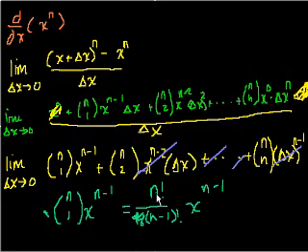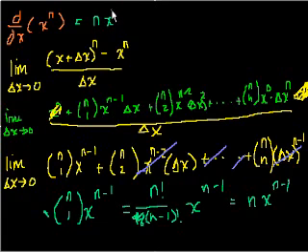And if I have 7 factorial divided by 6 factorial, that's just 7. Or 3 factorial divided by 2 factorial, that's just 3. 10 factorial divided by 9 factorial, that's 10. So n factorial divided by n minus 1 factorial is just equal to n. So this is equal to n times x to the n minus 1. So that's the derivative of x to the n.